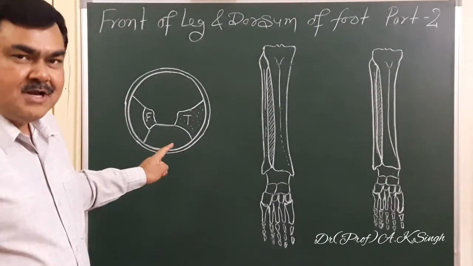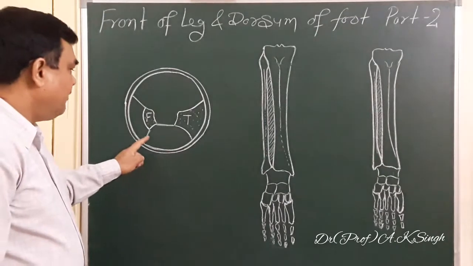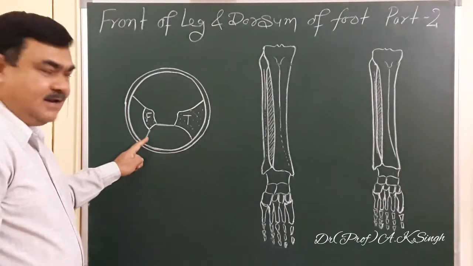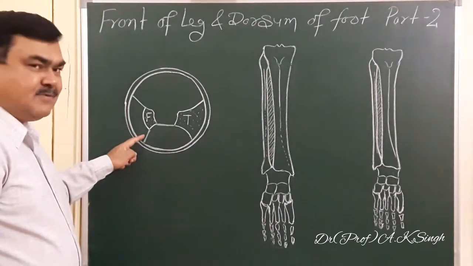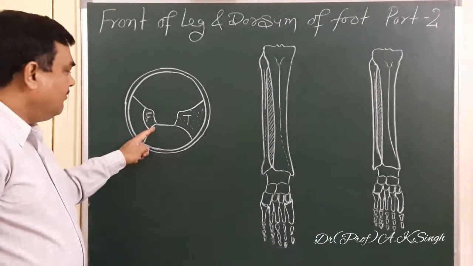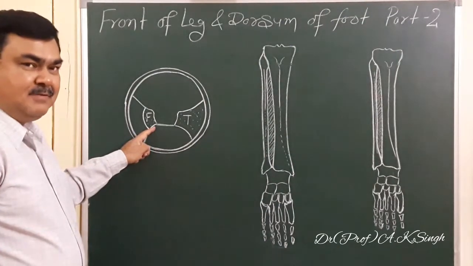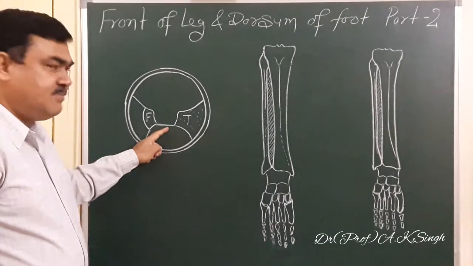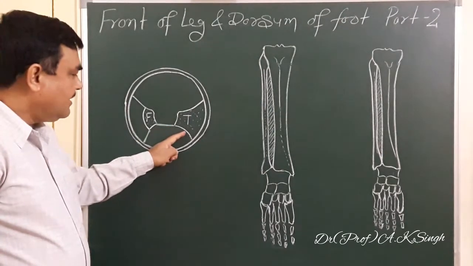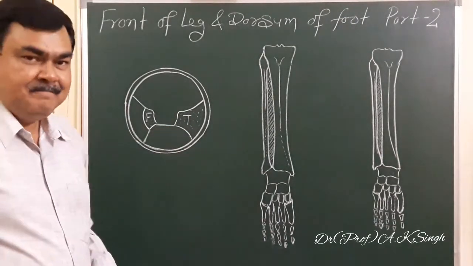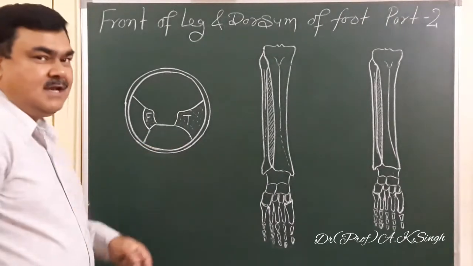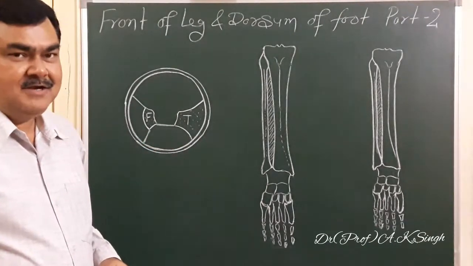If you see the boundary of this compartment, you will find that it is laterally bounded by the anterior intermuscular septum and the medial surface of the fibula, the interosseous membrane, and the lateral surface of the tibia, and anteriorly by skin, superficial fascia, and deep fascia.